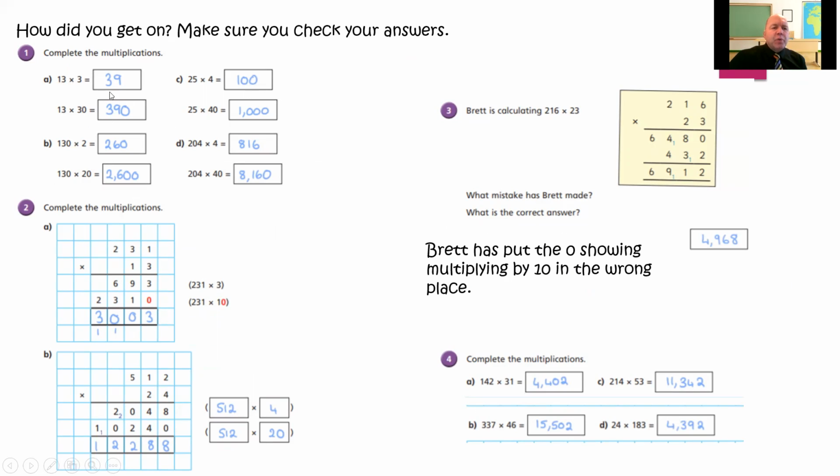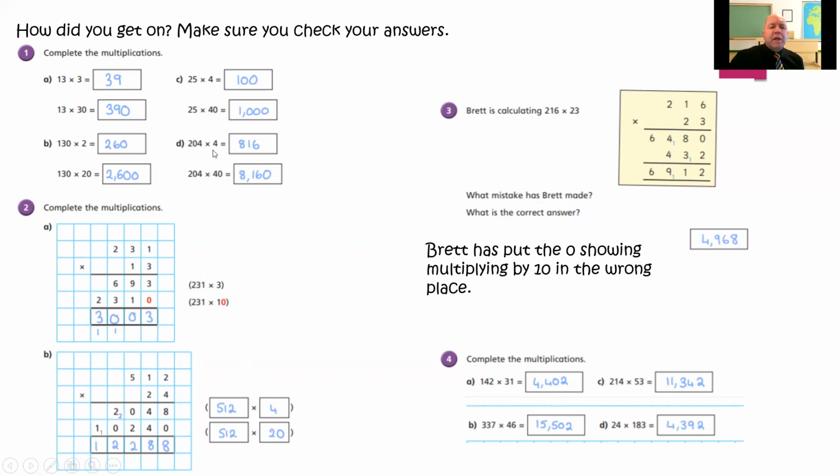So this first little group, A, 13 times 3, 39. Then 13 times 30, we realize there's an extra 0 in our question, so we need to put an extra 0 in our answer, 390. 130 times 2, 260. 130 times 20, there's that extra 0, so we make sure we've got the extra 0 in our answer. 25 times 4 is 100. 25 times 40 is 1,000.